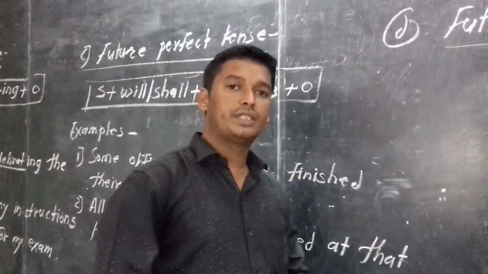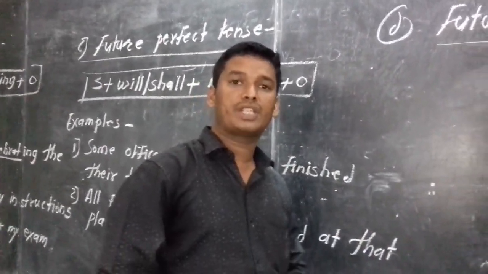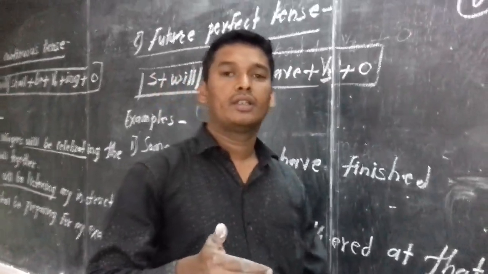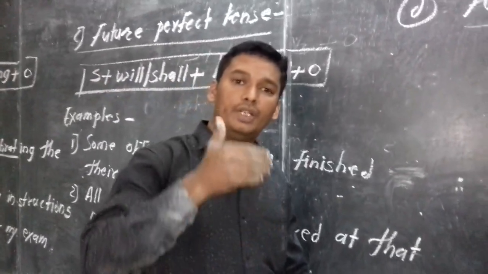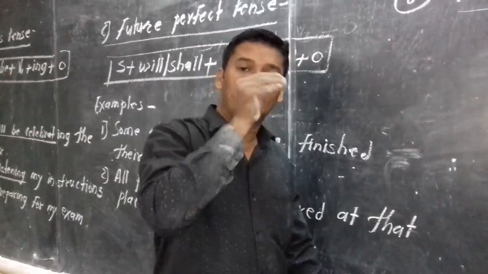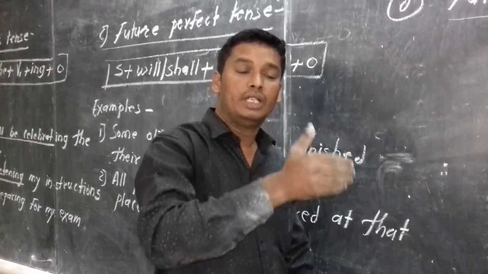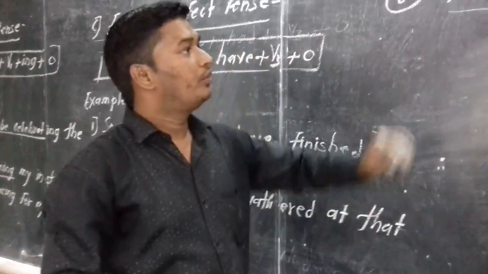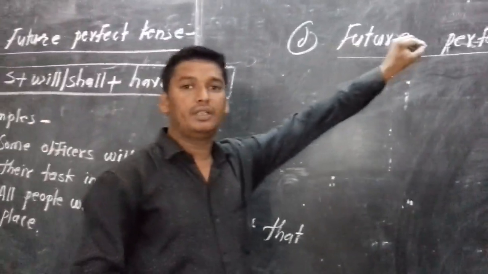This tense is used to express such action which starts at a particular time in the future, and the same action would be going on till the time of speaking. For such action we use future perfect continuous tense.